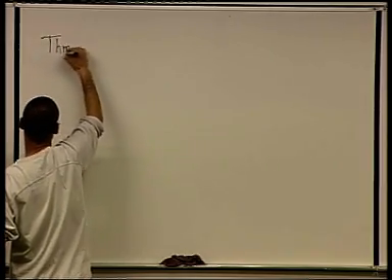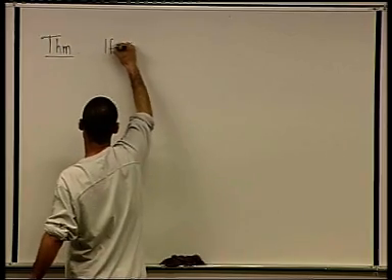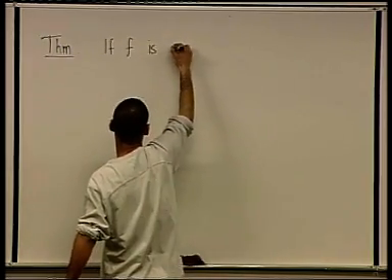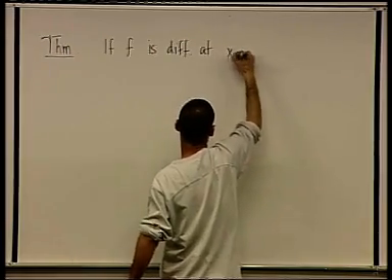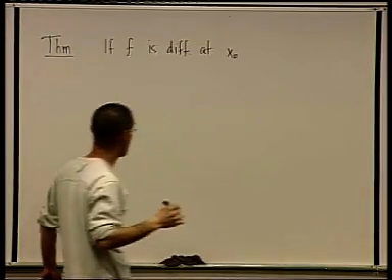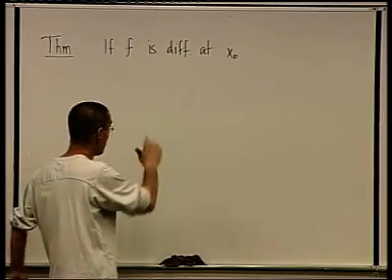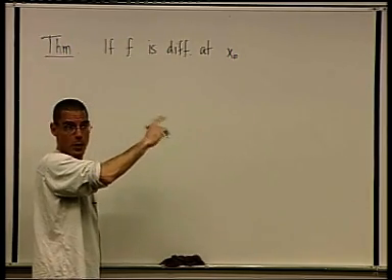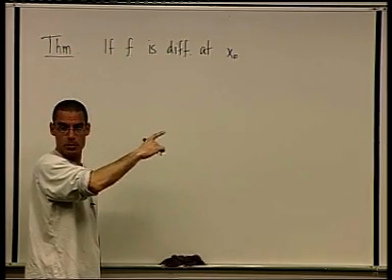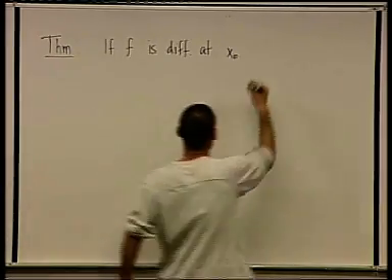Theorem. So if f is differentiable at x0, and now I want to compose it with g. I'm not going to assume that g is differentiable at x0. Where do I want g to be differentiable? At f of x0, right?